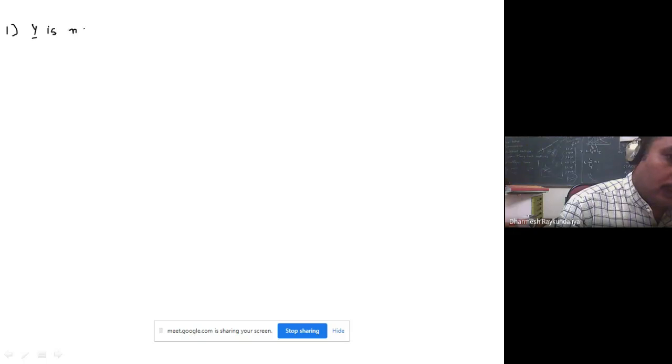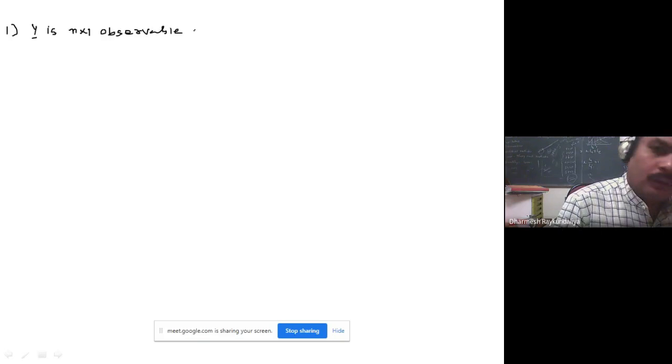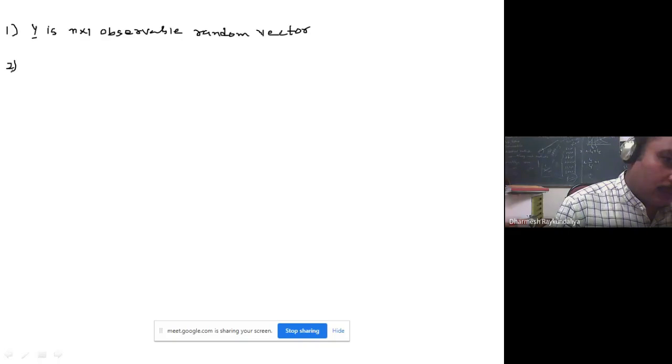So y is an n cross 1 observable random vector. Of course, y1, y2, yn are observable random variables. So here y is a vector of order n cross 1.